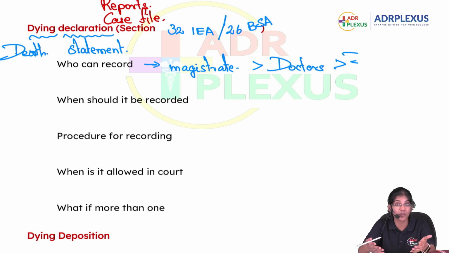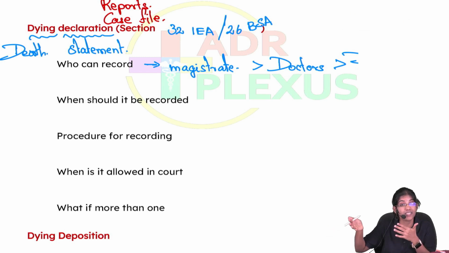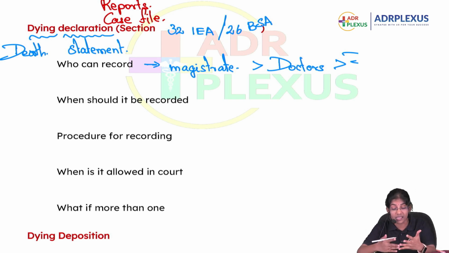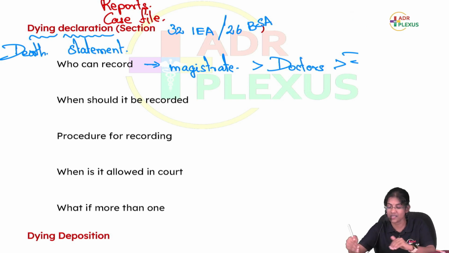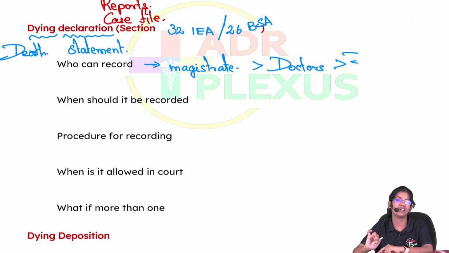The magistrate was not able to come. The distance was pretty high, right? In peripheral areas, the distance between the court and the hospital is pretty high and the magistrate cannot come right now. So the second best person is the doctor, not the police. The system trusts the doctors more. Even if the doctor is not there, say roadside, there is an accident, the guy wants to give a statement, then it's the police who take care of it.